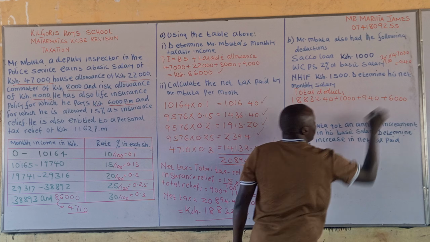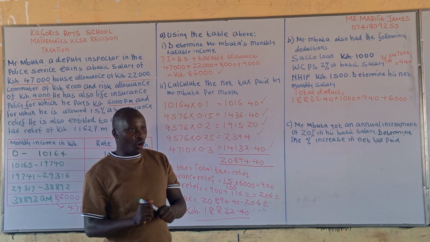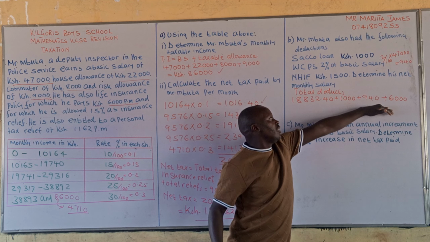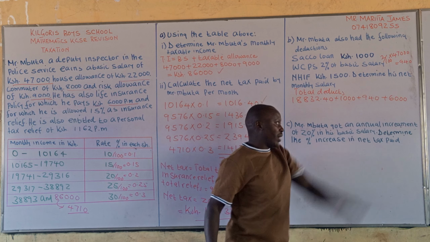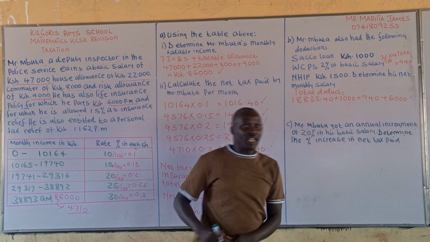This 6,000 is a life insurance policy, and he has been given a life insurance relief of 15%, but it is still part of the deduction.